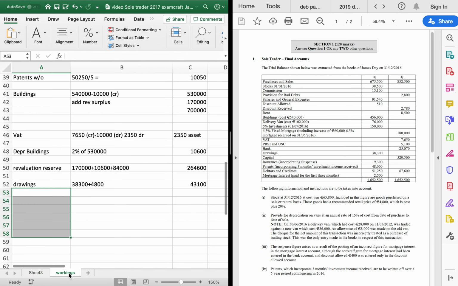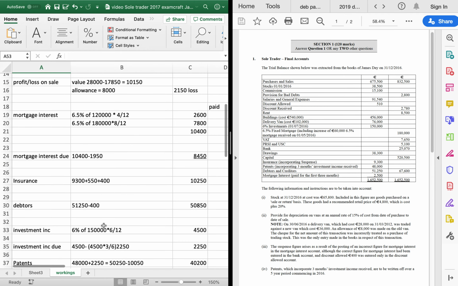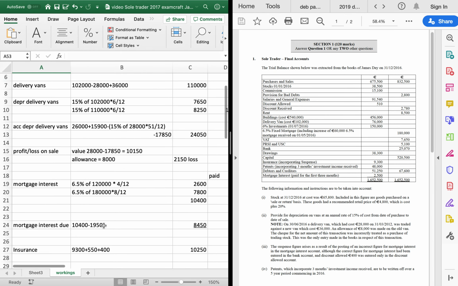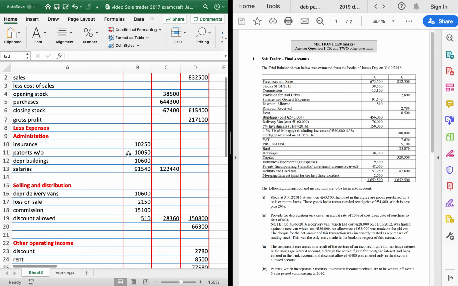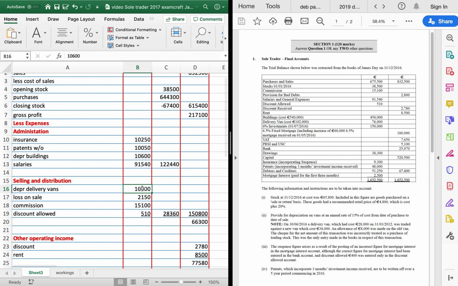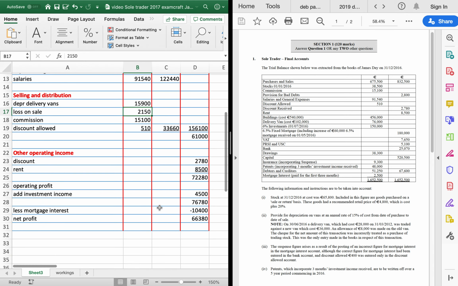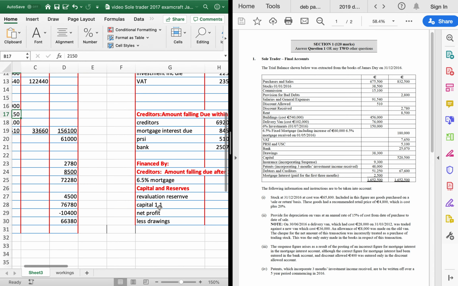Depreciation, delivery vans: I took the wrong number, so it's 59 for depreciation and delivery vans. So sorry about that. So 66,380. Let's see if that one works.